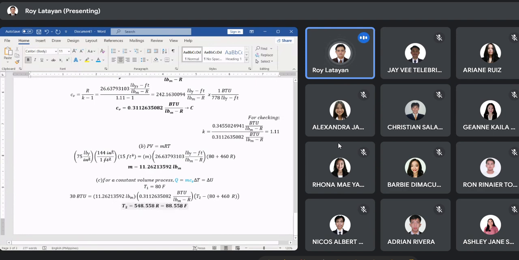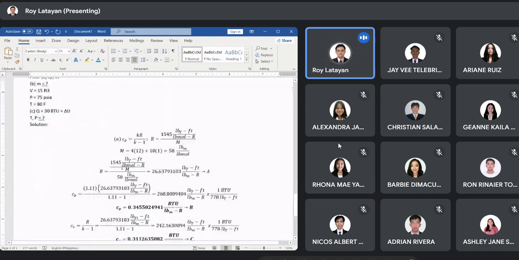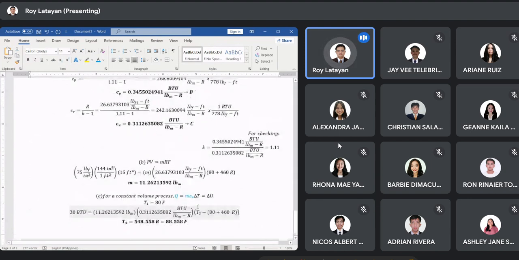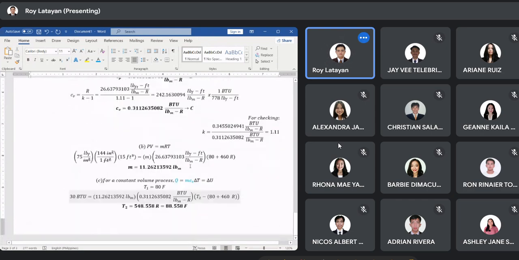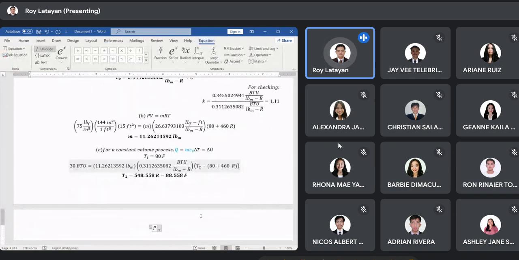So, sorry. Yan. So, we have value ng temperature. Next is pressure. Given tayo ng T2. So, sabi ko na, as discussed last time, pwedeng ang gamitin mo is yung PV = mRT using pressure.